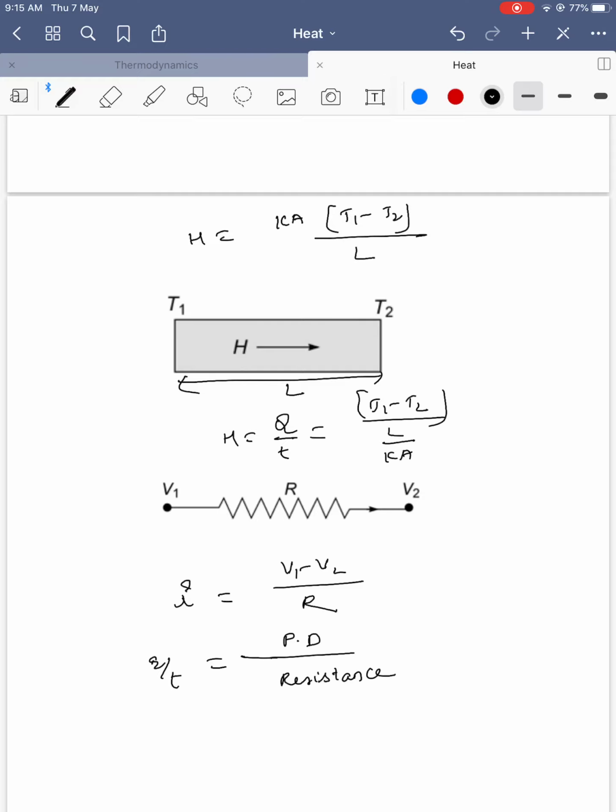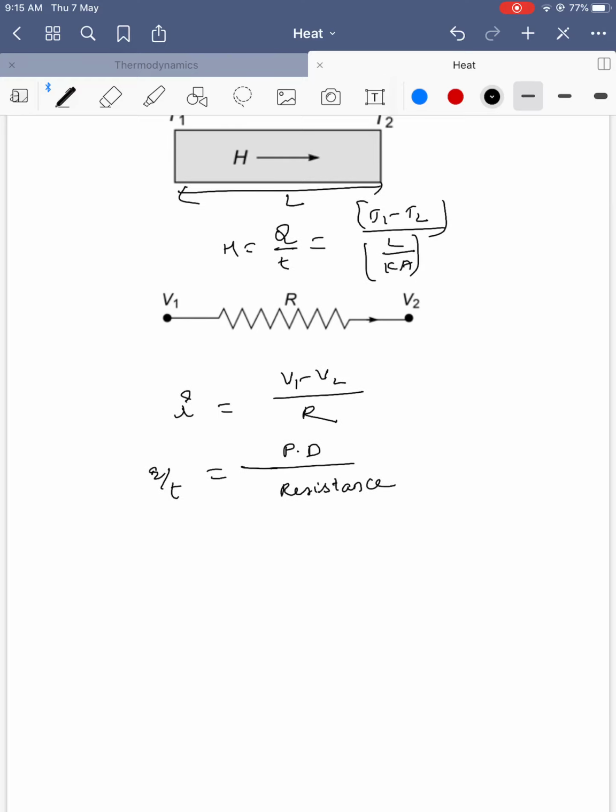I am writing this down: Q by T, or H, is equal to T1 minus T2 by L by KA.